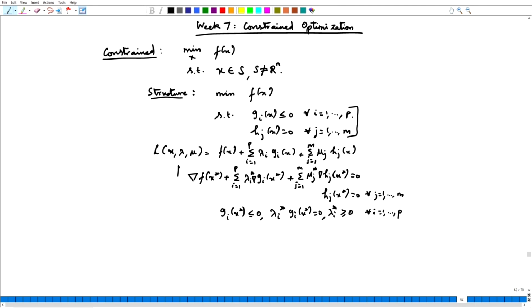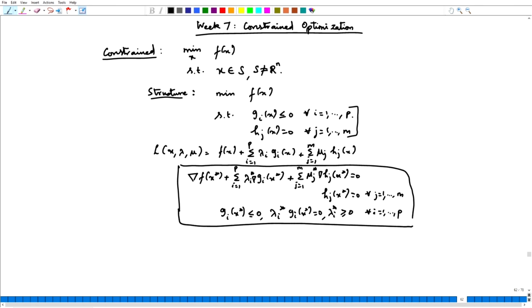Recall that the set of x star, lambda star, mu star that satisfies these conditions.